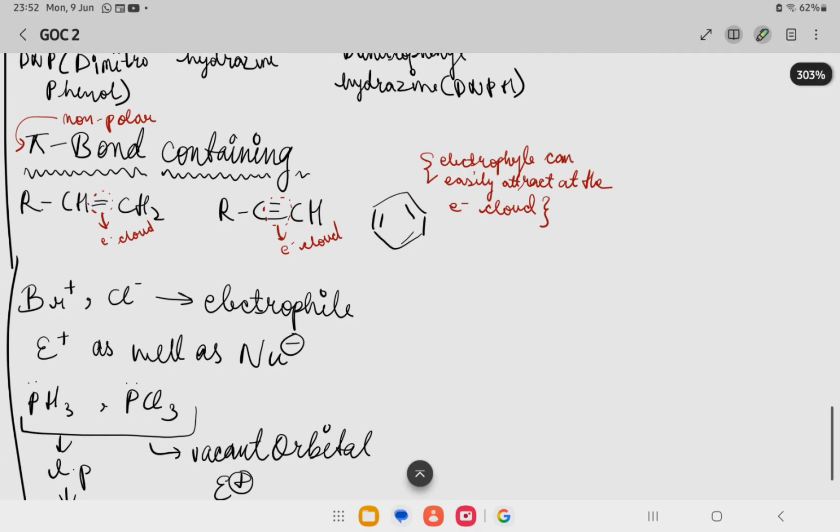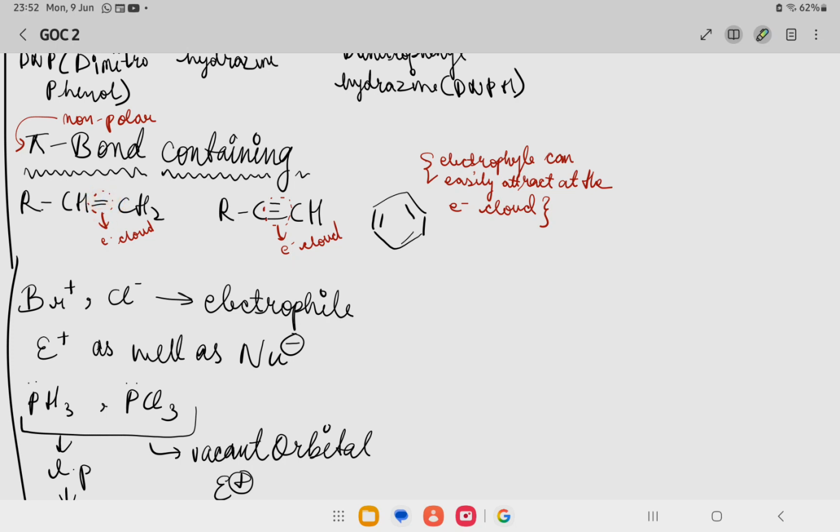Pi bond, here the pi bond we are seeing is non-polar pi bond, there it was polar pi bond. You can see here CH, CH2 and a functional group. The double bond present, one is pi bond and one is sigma bond. This is the electron cloud here.